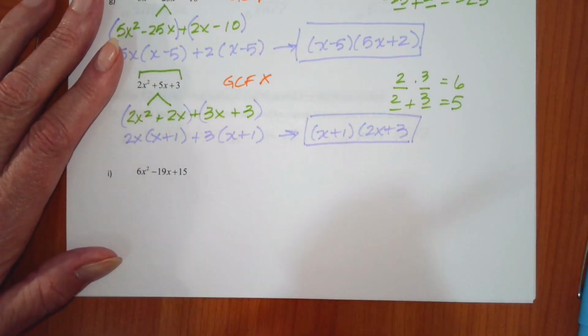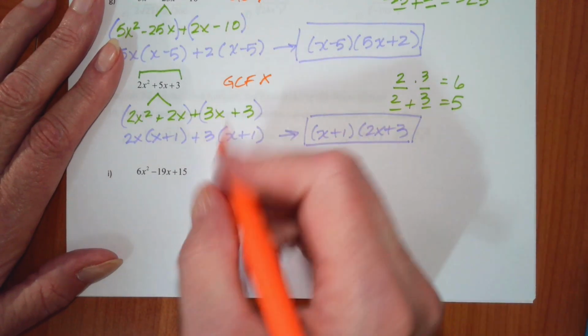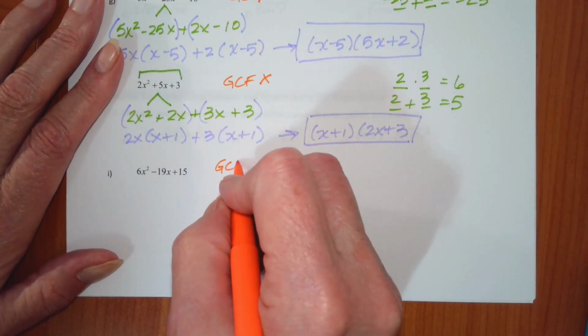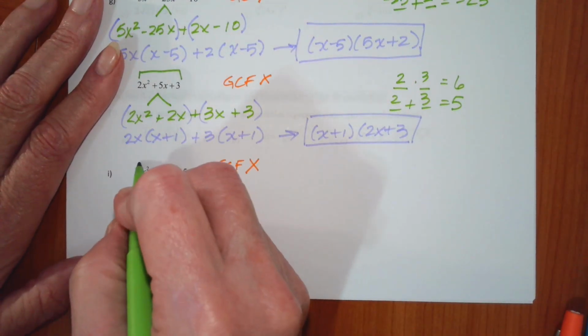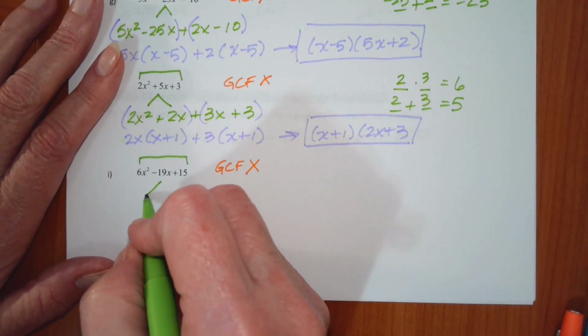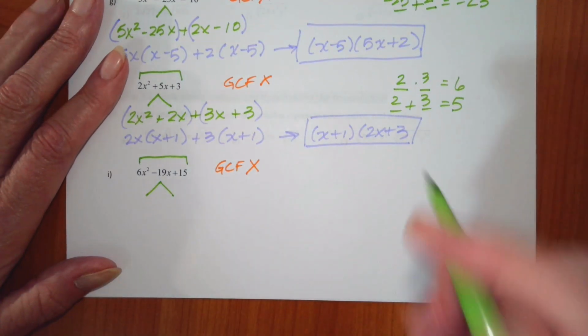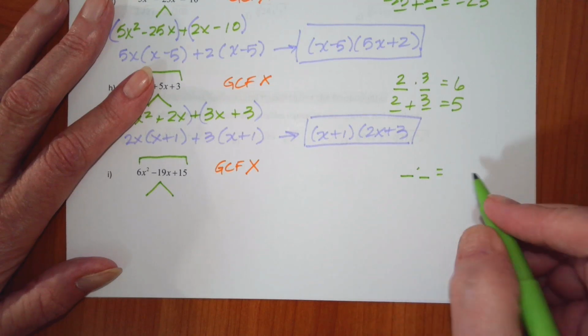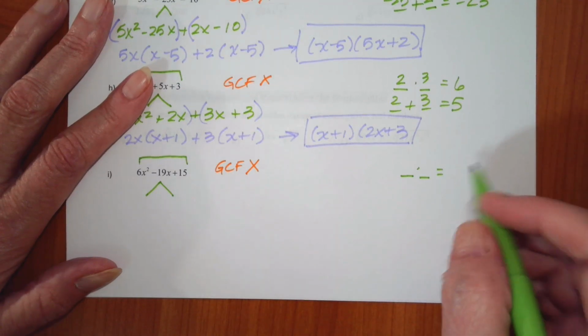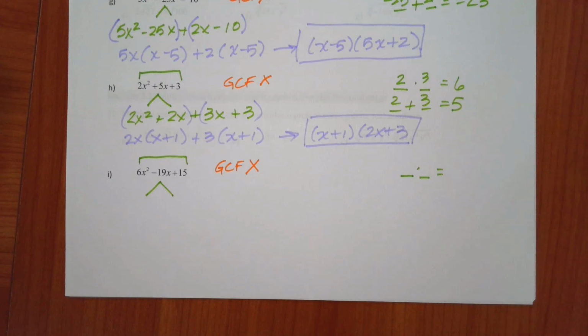Okay, 6x squared minus 19x plus 15, GCF. There isn't one. So again, I'm going to have to split and group. Or again, if you're doing it a different method, that's fine. So I'm looking for two numbers whose product is 6 times 15, which I don't know what that is.